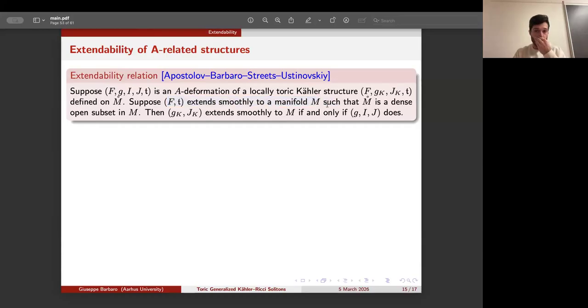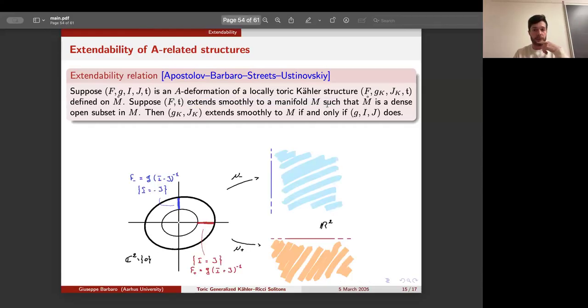And why this condition has to be there is clear in an easy example. So let's look at the Hopf surface. This is my picture of a Hopf surface. This is C2 minus the origin, and we're gluing these spheres.